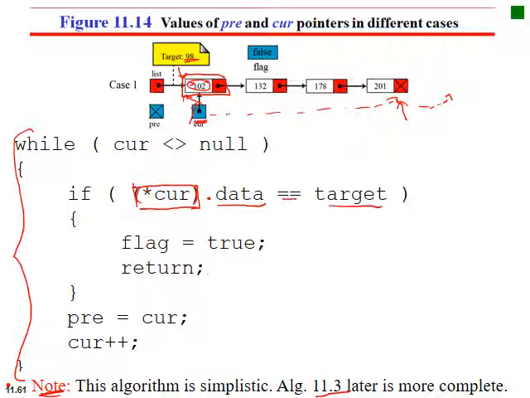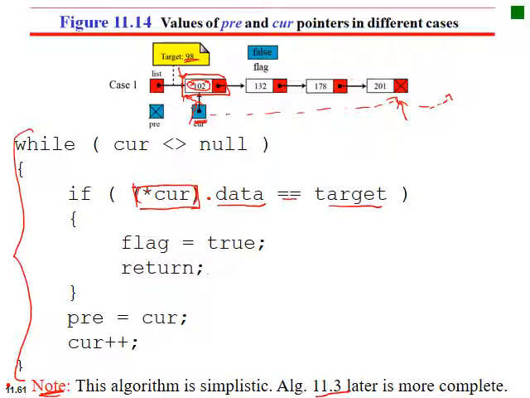Return means end this entire loop and continue with what's after this loop. Okay, and this syntax we're using here is mainly C and C++ syntax. Right, so this is not the case clearly at the moment. Target is 98 and current pointer dot data is 102.